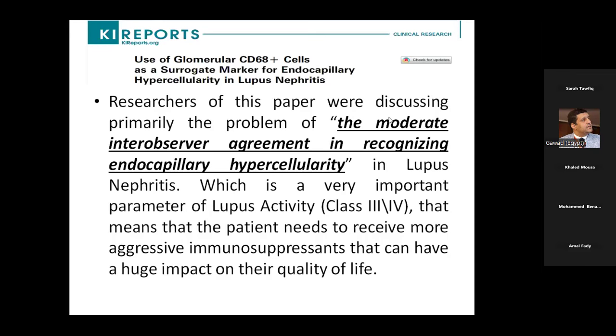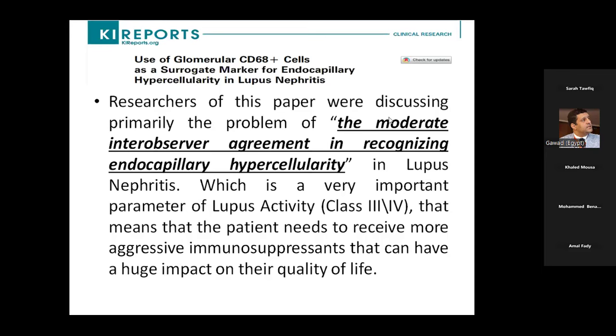This moderate grade, they considered a low grade. So I may say this is an endocapillary proliferation. Another colleague may say that this is an endocapillary hypercellularity. Who of us is the right one?